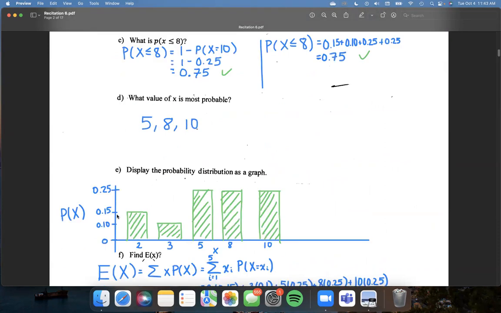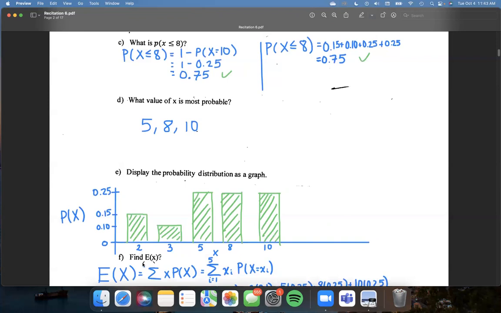So 0.15 would be the height of 2. Then the probability of x equals 3 is 0.1. The probability of x equals 5 is 0.25, and same for 8 and 10. So the x's are on the x-axis, and our probabilities of x occurring are on the y-axis.